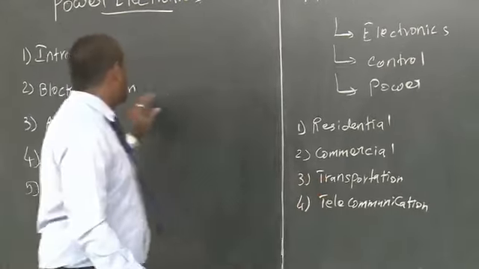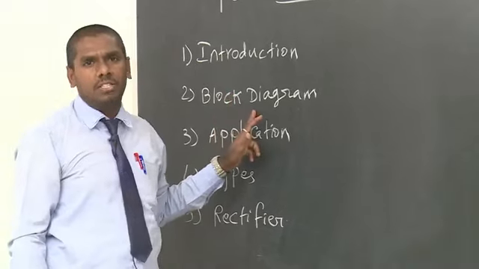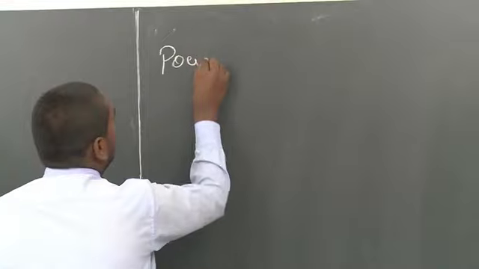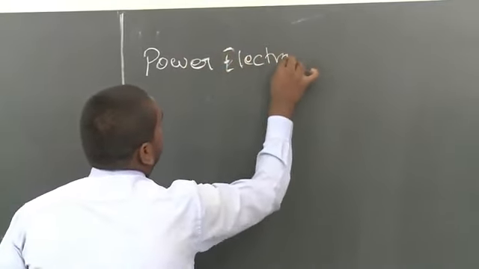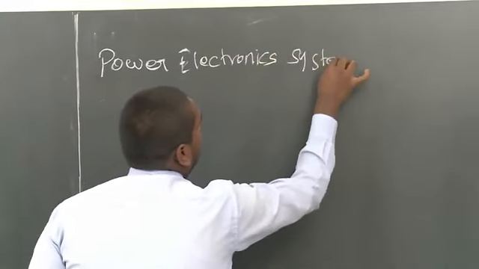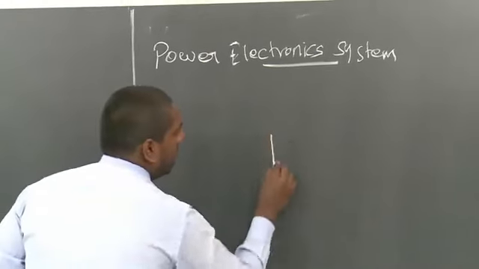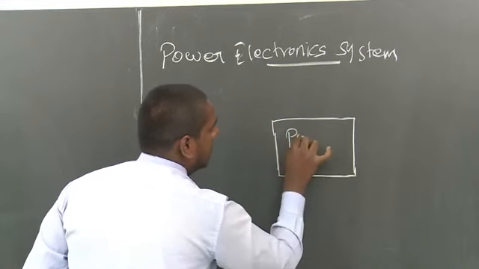Okay, the next point is the block diagram. What is the block diagram for the power electronic system? In a power electronic system, the first major part is the converter, that is, the power converter.